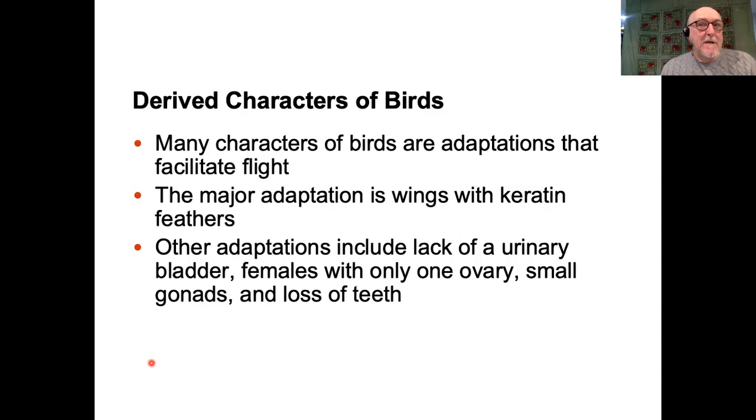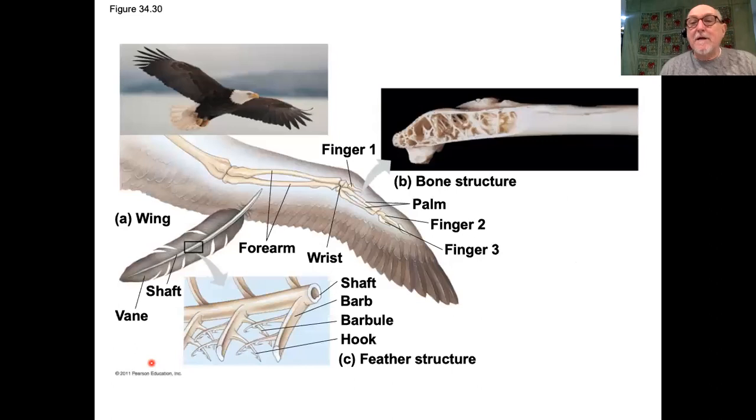But when we look at the birds, we also see that there are many derived characters that have been acquired because of flight. And the first one, of course, is the presence of feathers. And feathers are incredibly complex structures.